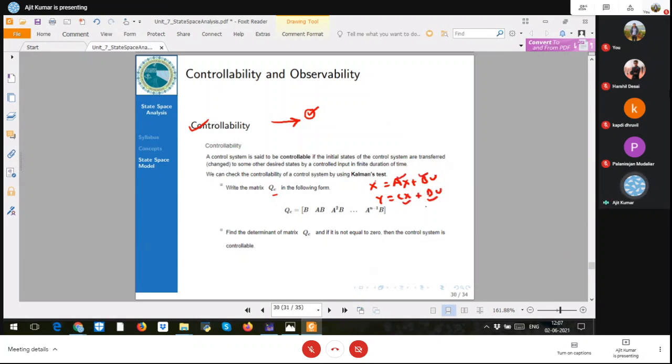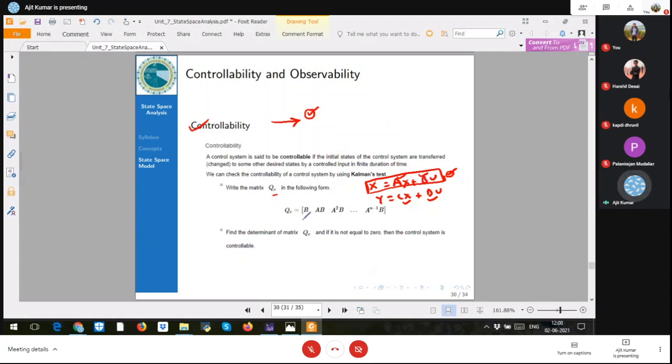Here D will be 0, and since we are talking about the controllability matrix, it is related only to the state equation, the first one, A and B. So controllability is associated with the system matrix and the input matrix. A is your system matrix and B is your input matrix.